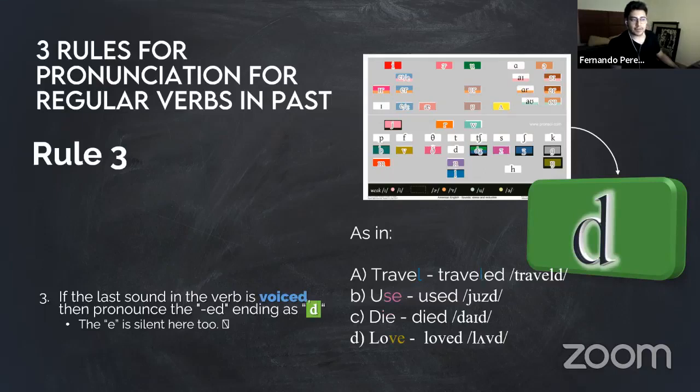So what is the difference between a voiced sound and a voiceless sound? The difference is in the voice. For all the sounds that you have in front, the rest of the soundboard is voiced. Here you have a B, L, N, R, G, etc. All the rest of the soundboard is voiced.